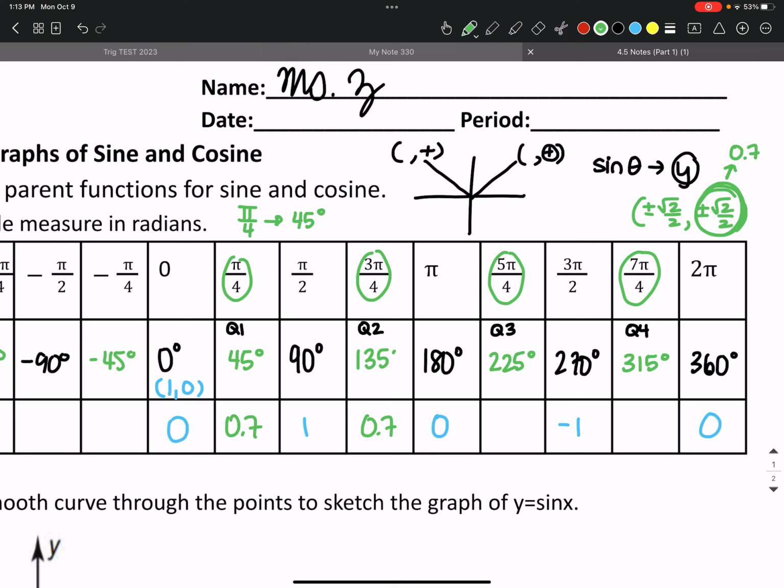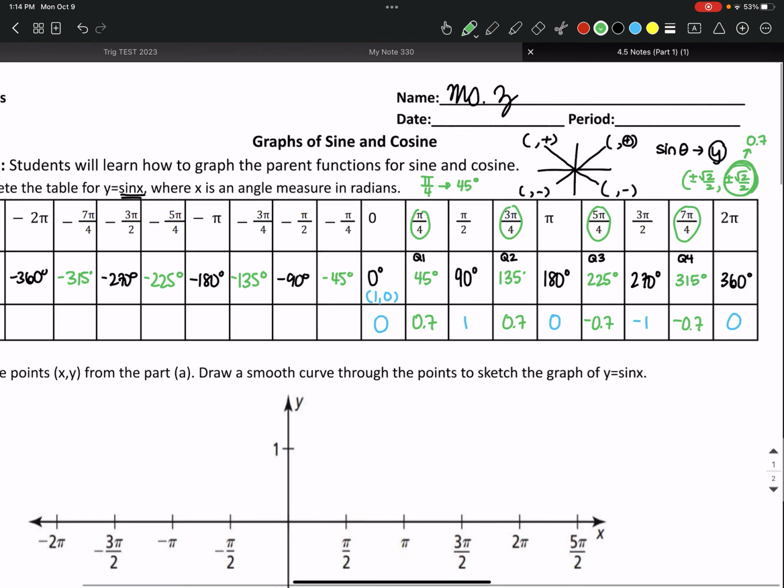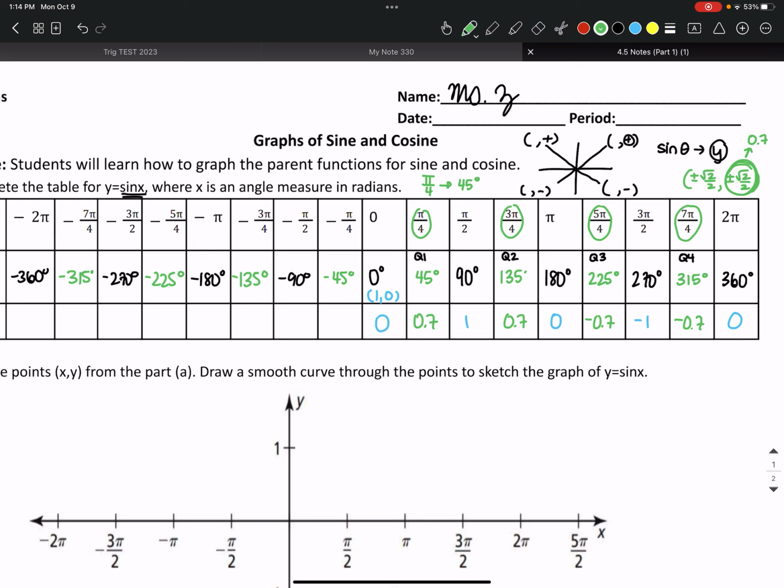For quadrant 3, I know my y value is negative, so I'm going to have negative 0.7. And then in the fourth quadrant, I know my y value is negative, so I'm going to have negative 0.7. From there, I'm going to fill in the rest of my table based off of what I know about sine.